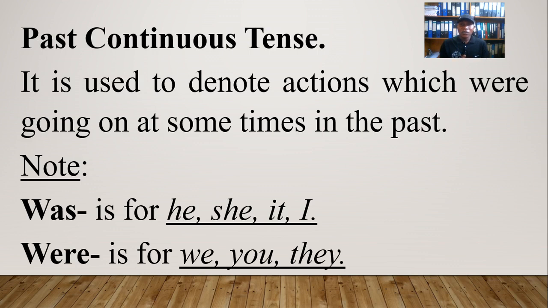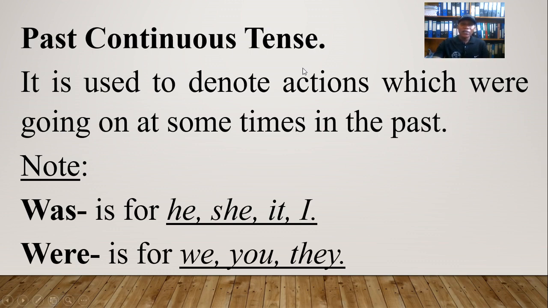As you can see on your screen, was is used for he, she, and it, and I. These are subjective pronouns which we discussed in present tense. I just showed them to you, and you can see them now on your screen. Also, were is used for we, you, and they.